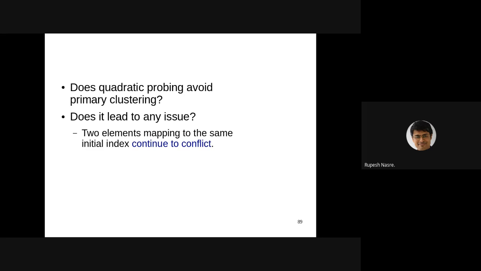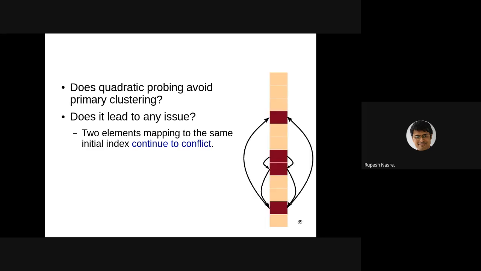This, in some sense, is this chaining of elements within the hash table, but because of the quadratic probing function f, we can say that they are actually getting clustered in some way, right? This is what happens pictorially. This is E1.